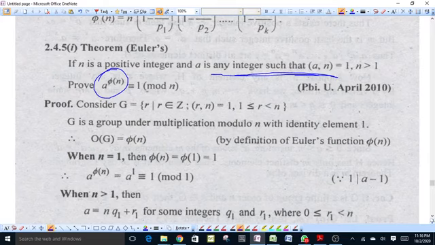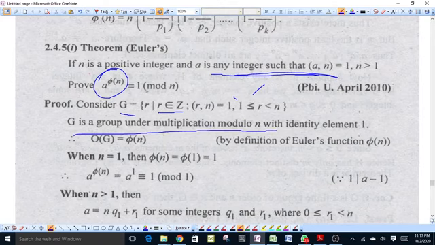We consider a set G, the set of remainders r such that r belongs to Z and r is relatively prime to n, where r is greater than or equal to 1 and less than n. G is a group under multiplication modulo n with the identity element 1. By definition of Euler's function, the order of G will be equal to phi n.